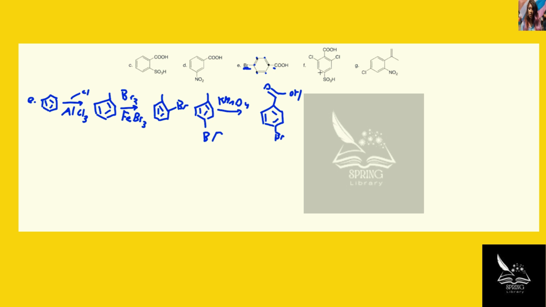Now what about F? So F is kind of more complicated. So we have carboxylic acid, chlorine, chlorine, and sulfonyl group here. So what we know is that if we add a methyl group first, so let's say instead of having the carboxylic acid, we added a methyl. Well, methyl is going to be ortho and para directing. So right away, we know that if we add the methyl first, then we can add these groups in thereafter.